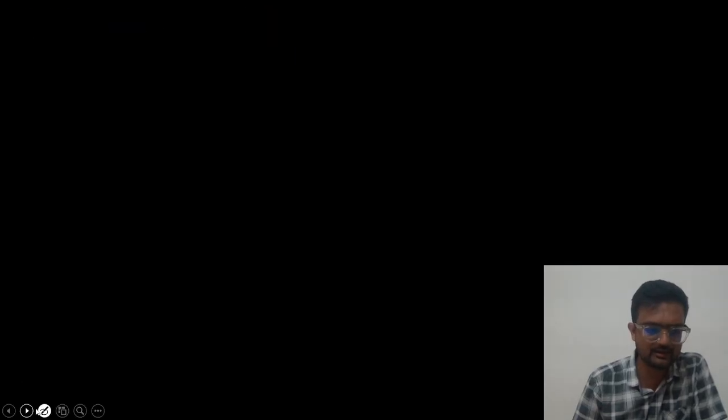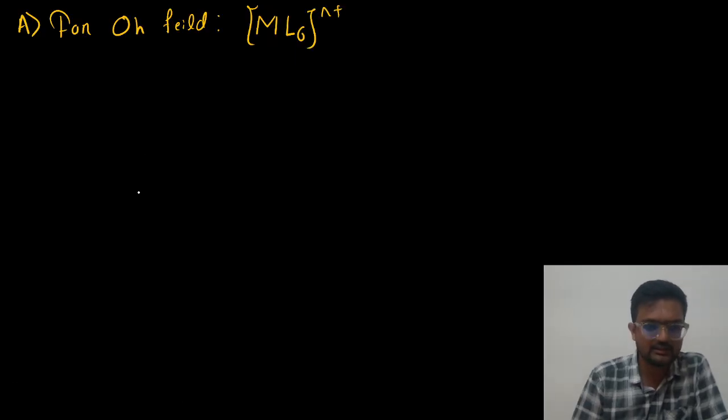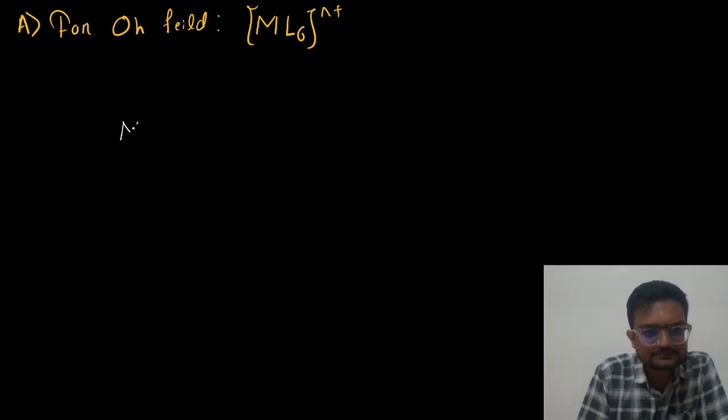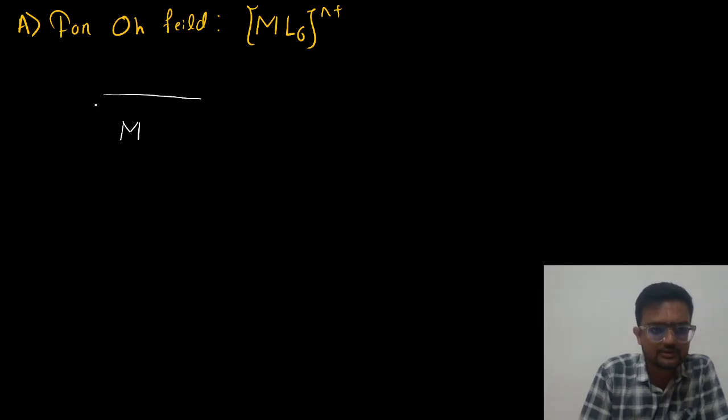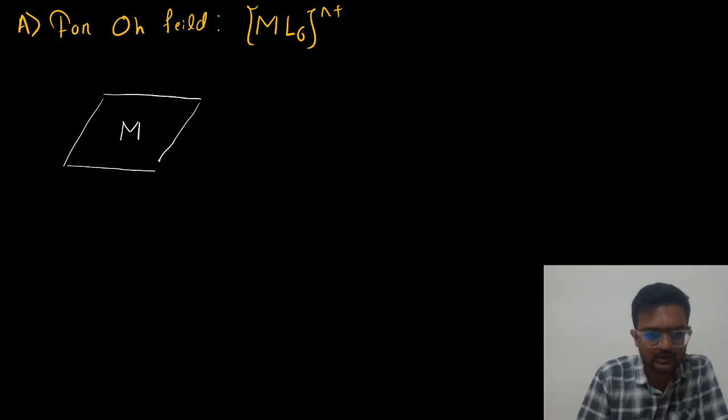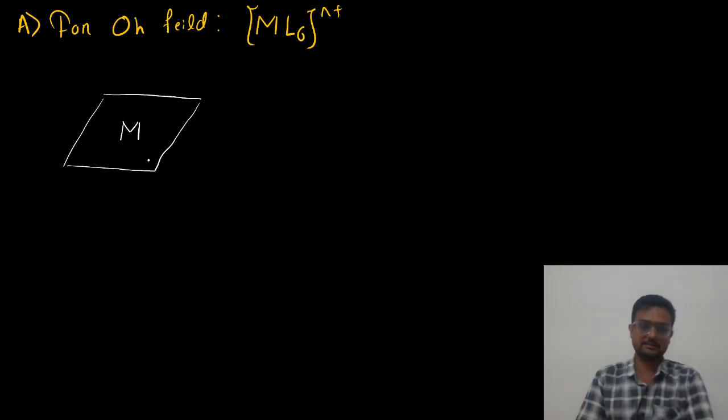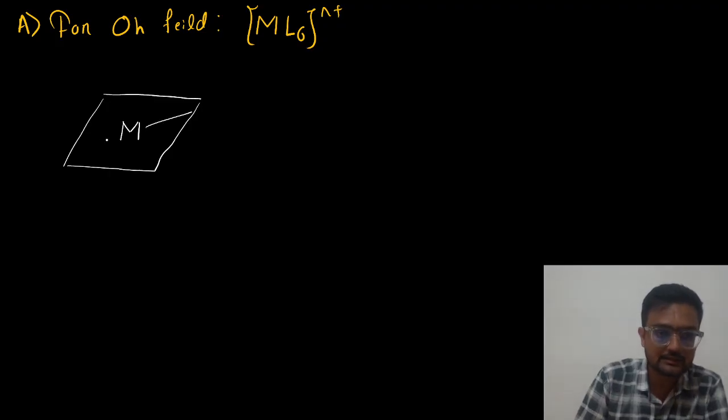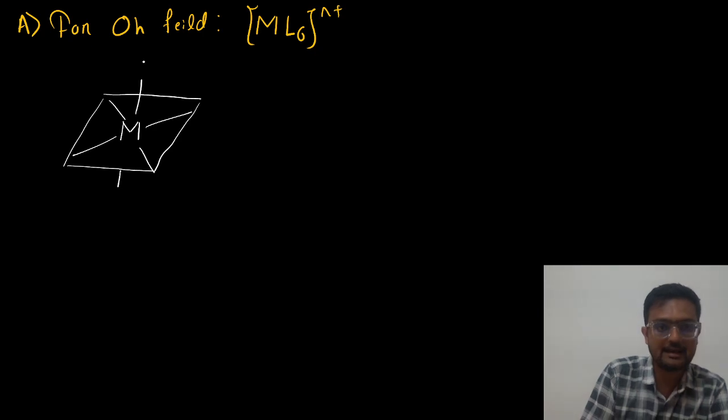Let me draw the metal. Just a second, sorry. So here I have a metal, and here I have a field like this. It looks like an octahedral. Here, here, here, here, here, and here I have ligands.